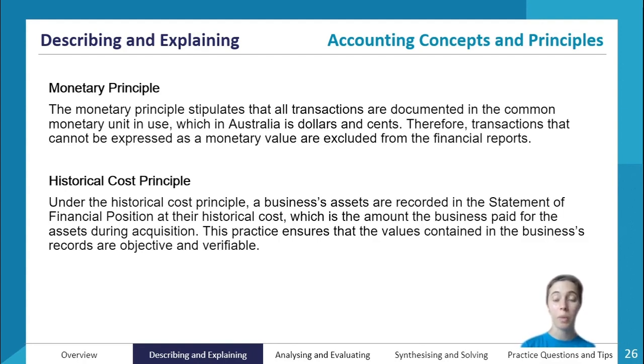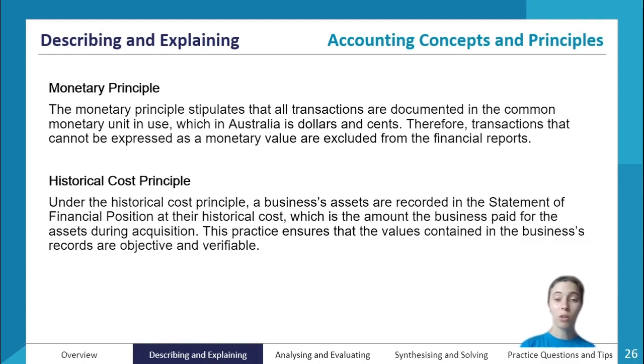If they can't be expressed, then they can't be included in financial reports. You've got to have that dollar value to attribute to the account. Otherwise, you can't include it in a report like that. It's not comparable to the other values then.